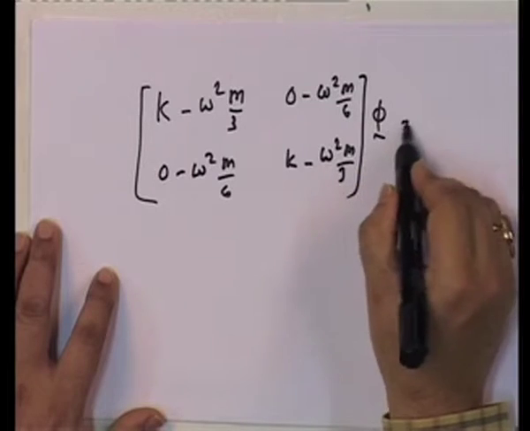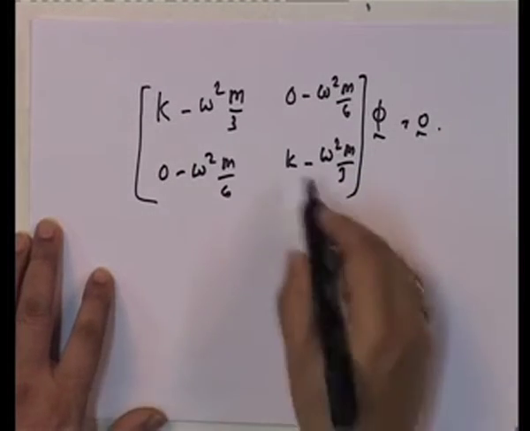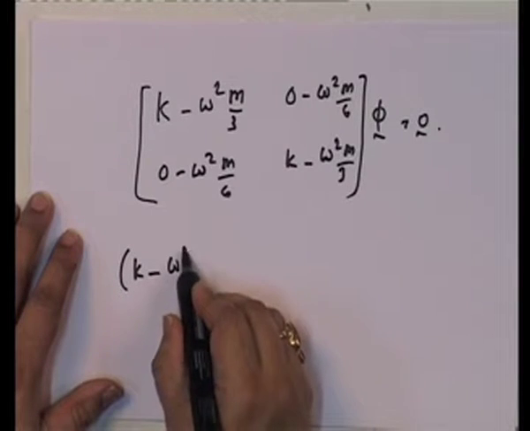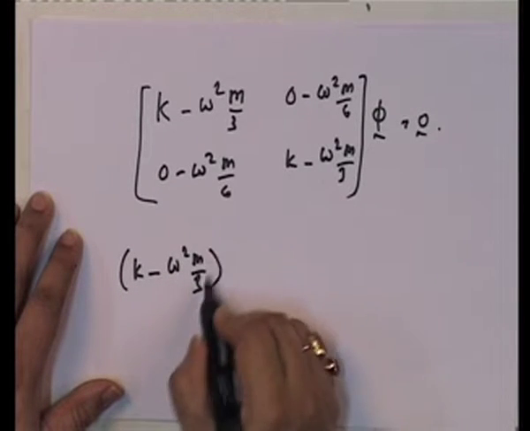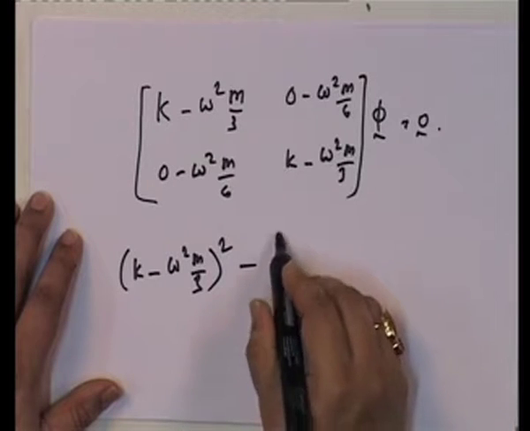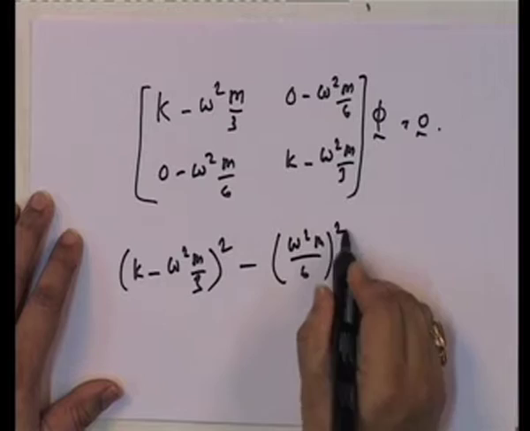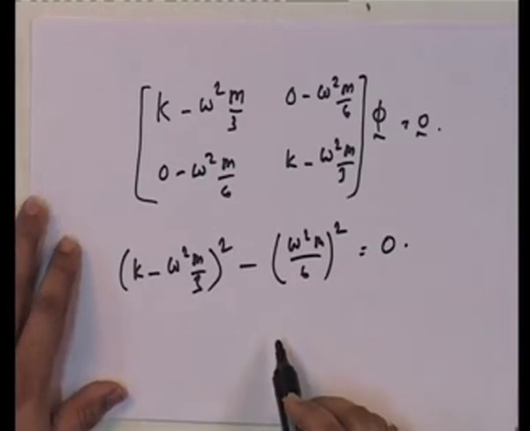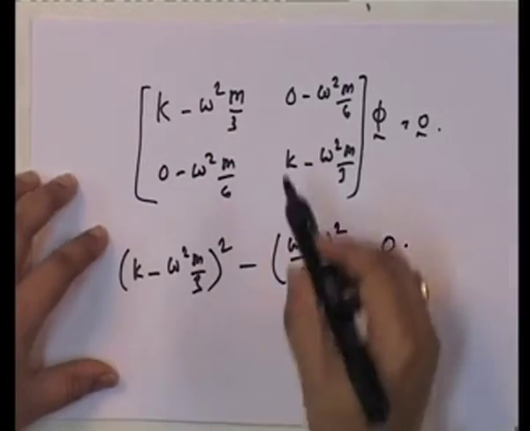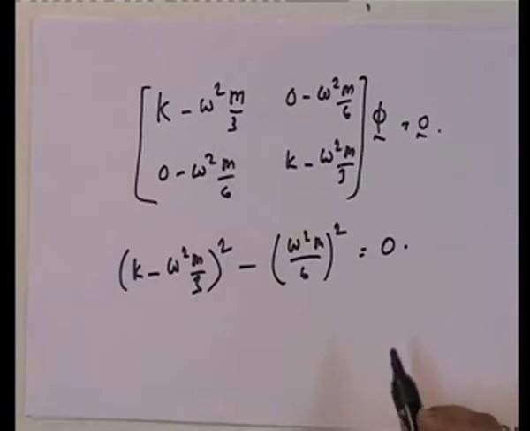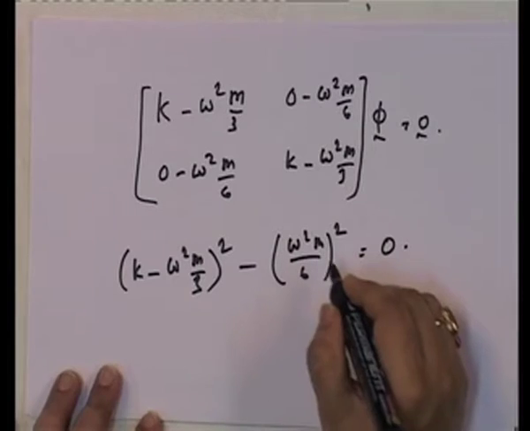This into phi is equal to 0. So, determinant is nothing but k minus omega squared m by 3 squared minus this into this. The determinant is this into this minus this into this, right. I mean, I am not going to find that out.